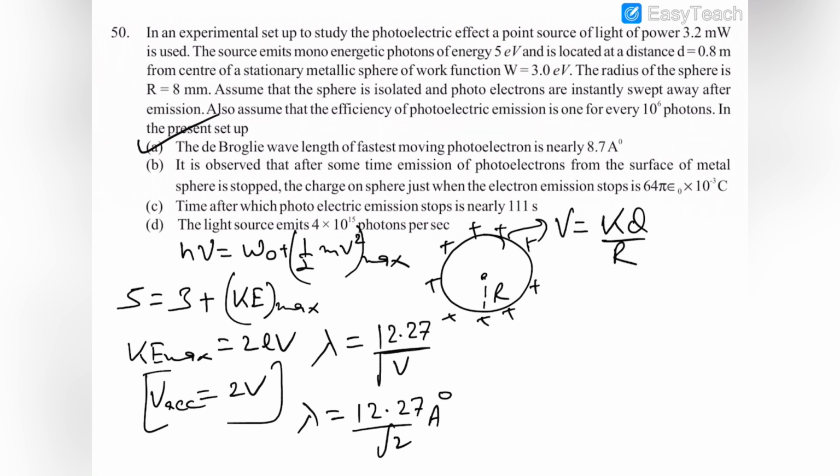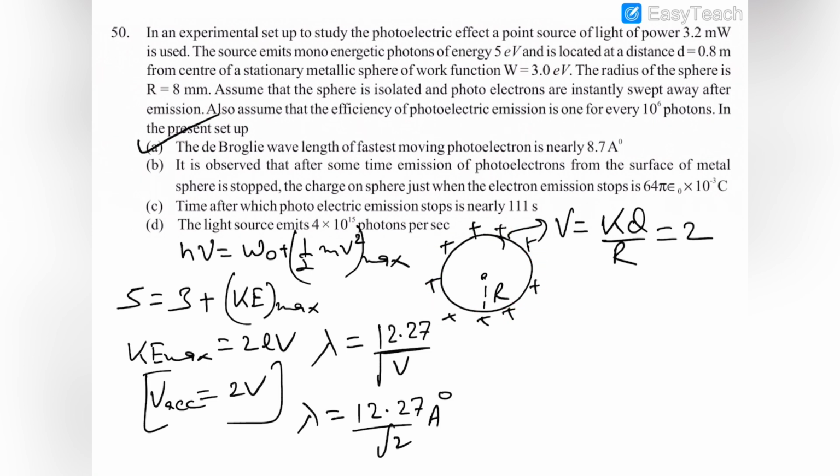Now when this potential will be equal to the stopping potential, which is 2 volts, we have already calculated the stopping potential. So when this potential is equal to 2 volts, the photo emission would stop, because these electrons would not have sufficient energy to escape the electrostatic field of the sphere.